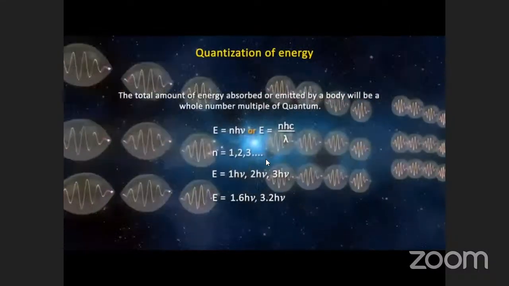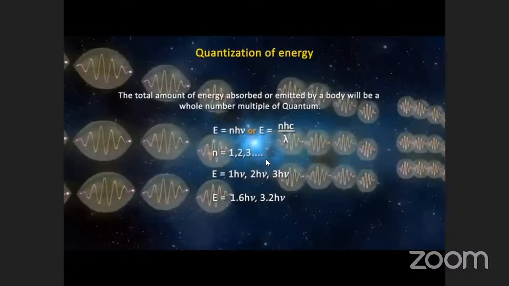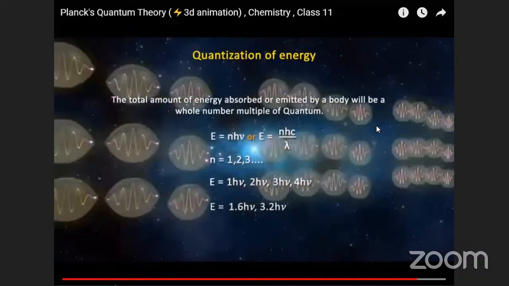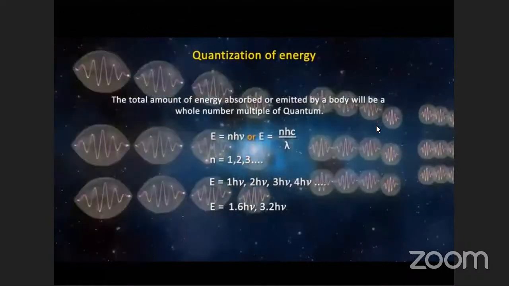This implies that energy can be emitted or absorbed as 1 h nu, 2 h nu, 3 h nu, and so on. This is known as quantization of energy.